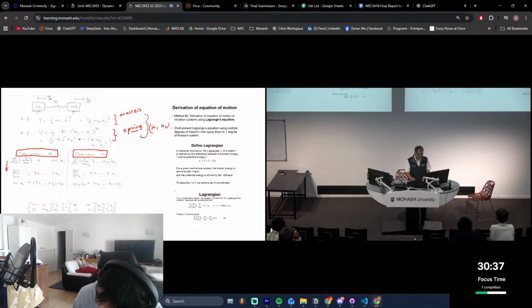Simplify: k x1 minus k x2, k x2 minus k x1. So in combination, m1 x dot 1, plus.